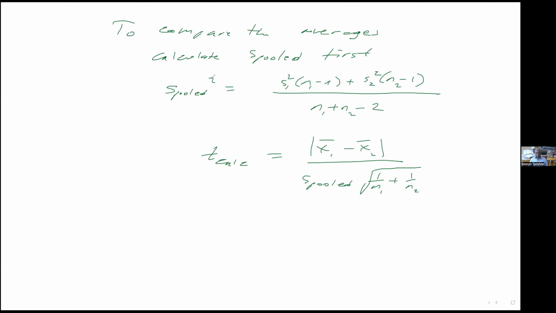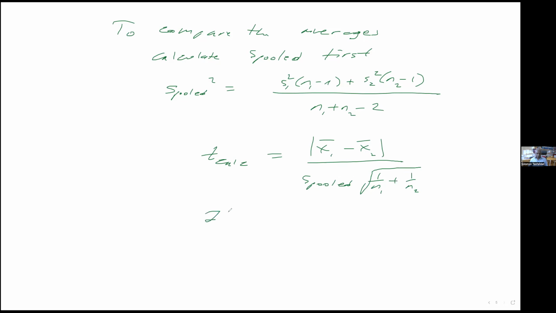Remember that this is squared, but here it is the root of this one. N1 and N2 represent the number of measurements done for method 1 and method 2. This is the average for method 1, and this is the average for method 2, the absolute value.